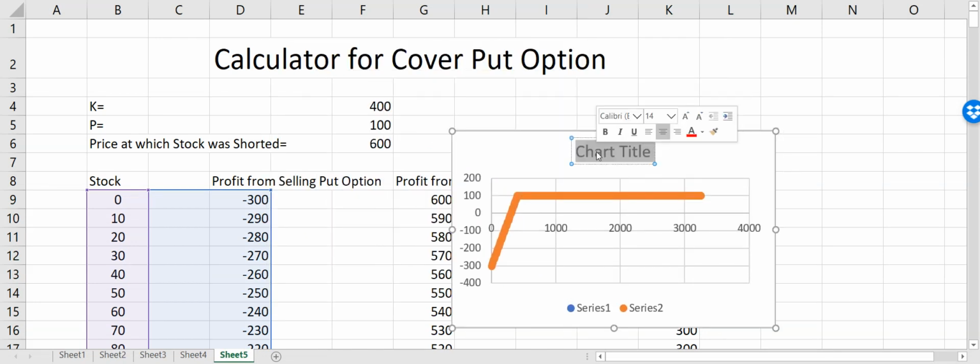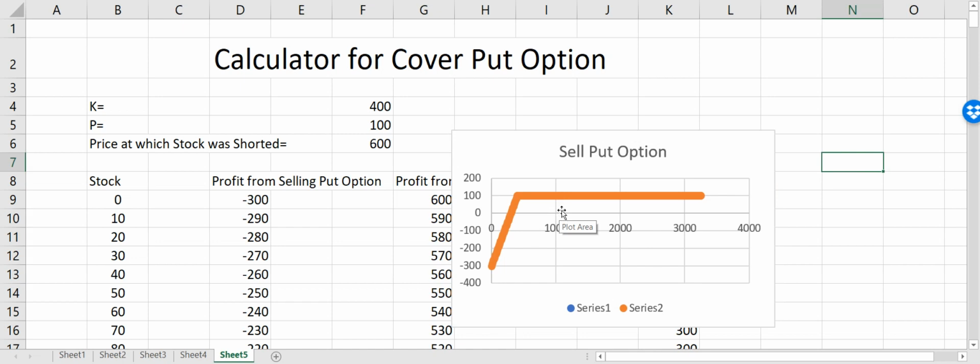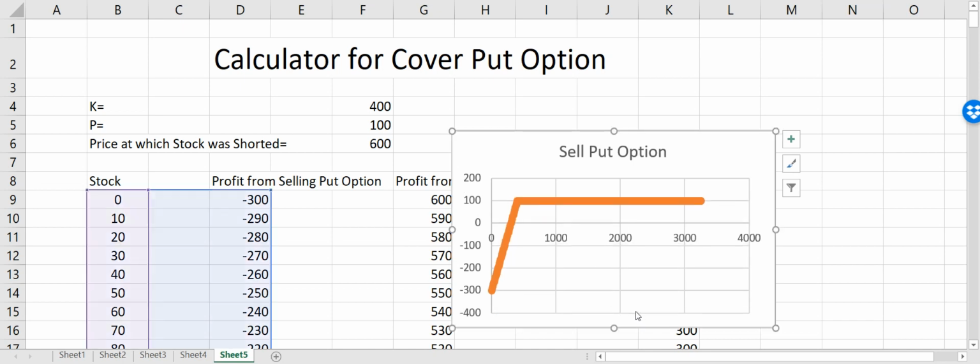So this is sell put option, and now you can see that my profit is from the premium from that put option, and if the stock goes down, then I start to lose money, and eventually my maximum loss is equal to stock price minus the strike price plus the premium money I got. I'll just put the labels so that it's more clear.